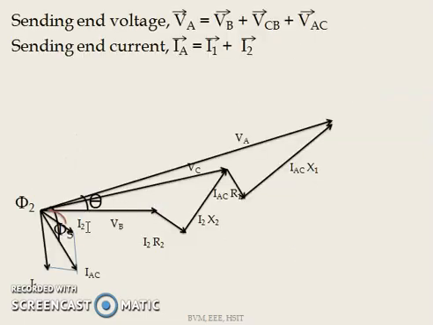When the current flows in section CB, you will have the I2R2 drop as well as the I2X2 drop.